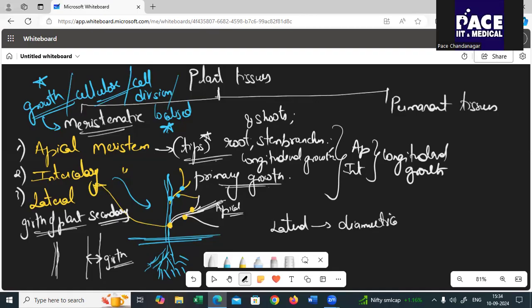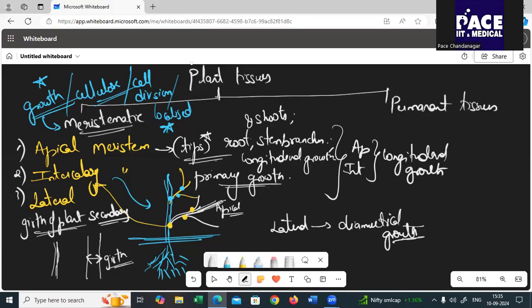Diametrical growth is observed here. I have also stated the positions. The stem diametrically increases. Branch also: once the branch comes out at that node point, at that junction point, that is called intercalary. Now, once this branch comes out, the branch also increases in diameter, then that is called your lateral meristematism, which is increasing the girth of the plant.